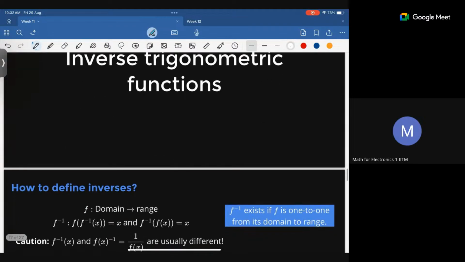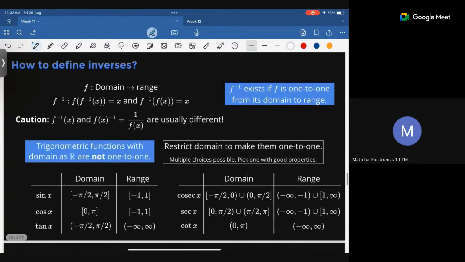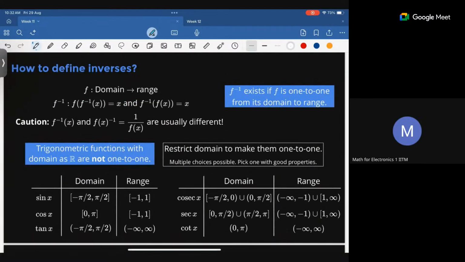Now let's come to inverse trigonometric functions. Inverse trigonometric functions are basically the inverses of the trigonometric functions we just studied. So sin x has its inverse as sin inverse of x, cos x will have its inverse as cos inverse of x, and tan x will have its inverse as tan inverse of x.